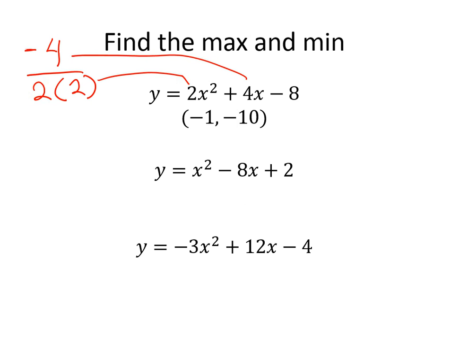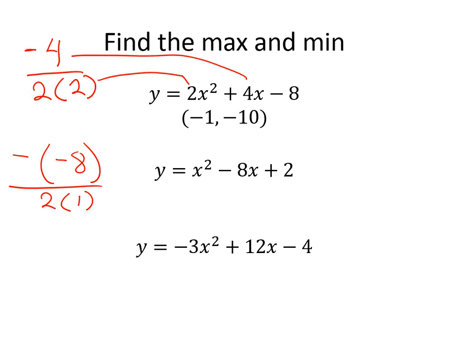Now with the second one, what you notice is that the b value, that middle number, is negative, which means when we plug it in, it's going to be 2 negatives in a row. It's going to be negative, parenthesis, negative 8, all over 2 times 1. Now we solve that one.